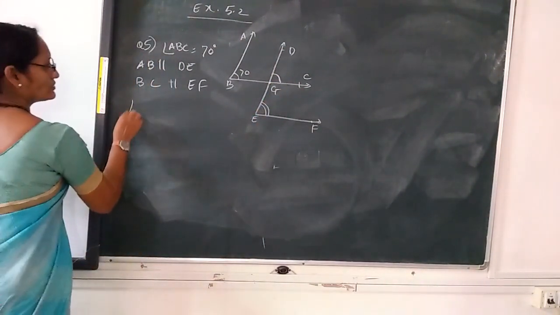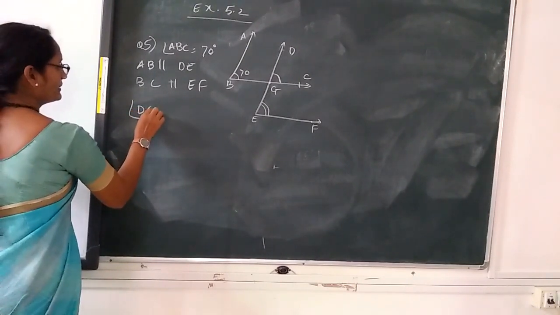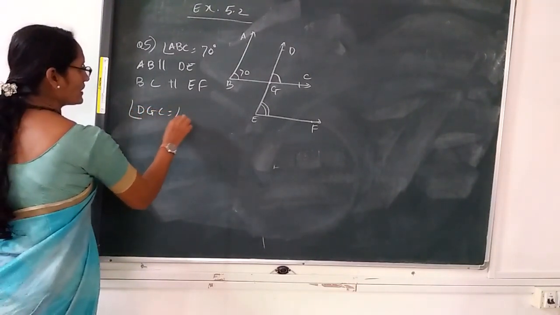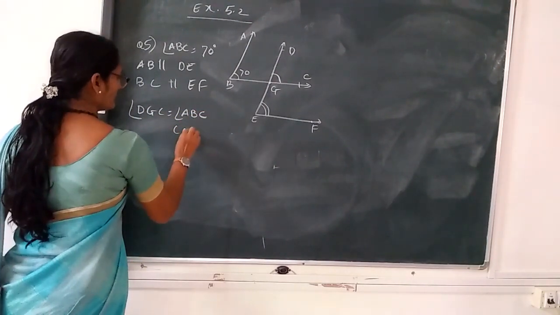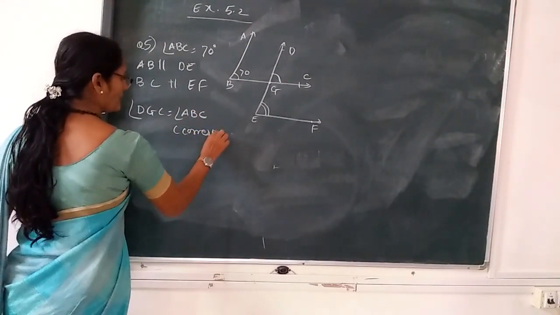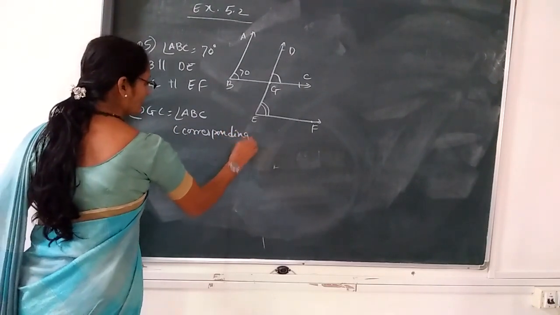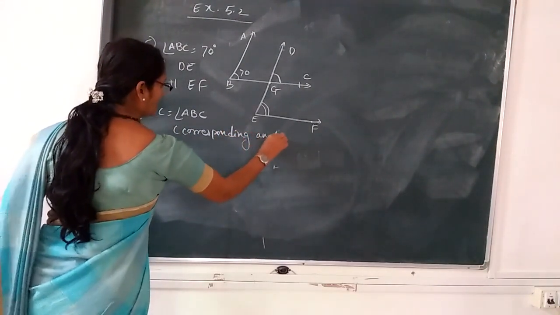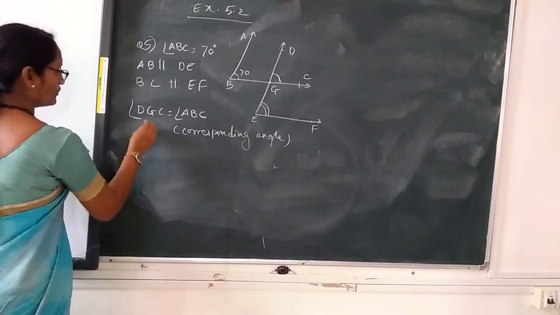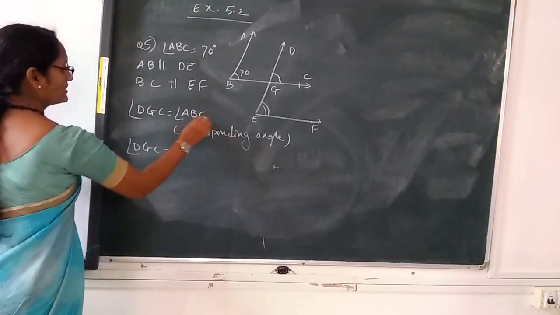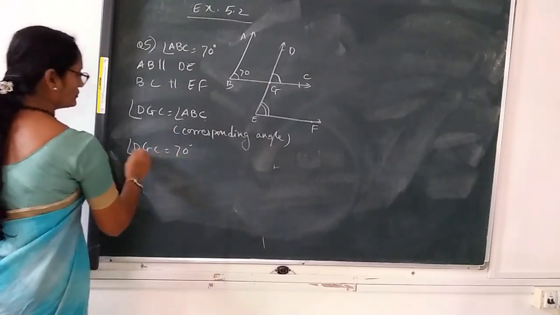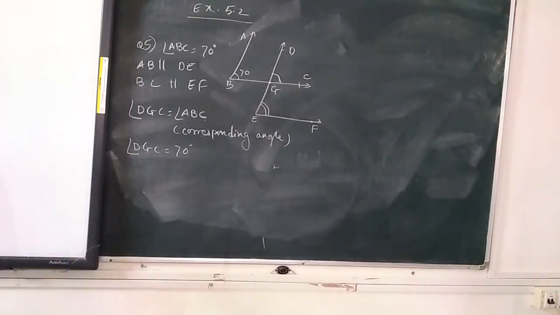Corresponding angles. So angle DGC will be equal to angle ABC. Reason: corresponding angle. So DGC is equal to 70 degrees.